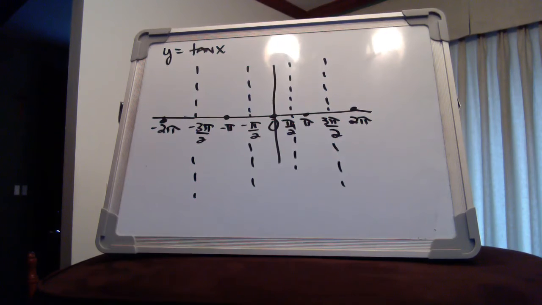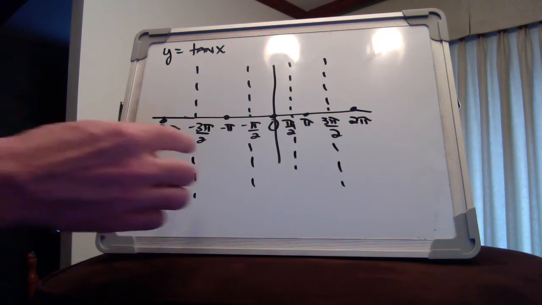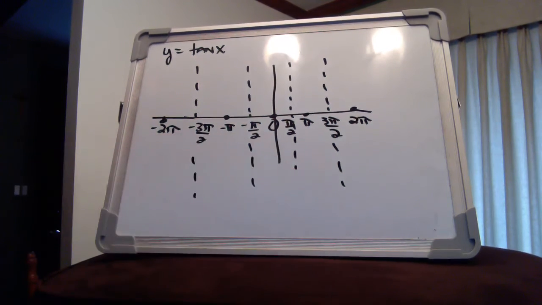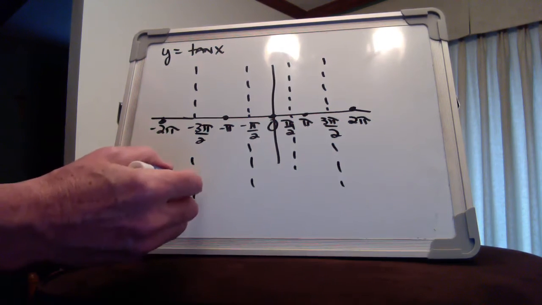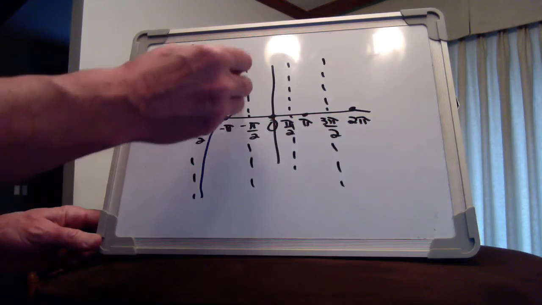Now what I'm going to be able to do here is graph 3 periods. So I'm going to show you what the graph looks like between these vertical asymptotes. I can say the graph, or I can also say the branch of the tangent function. So it looks like this. Left to right, it's going to move like this.